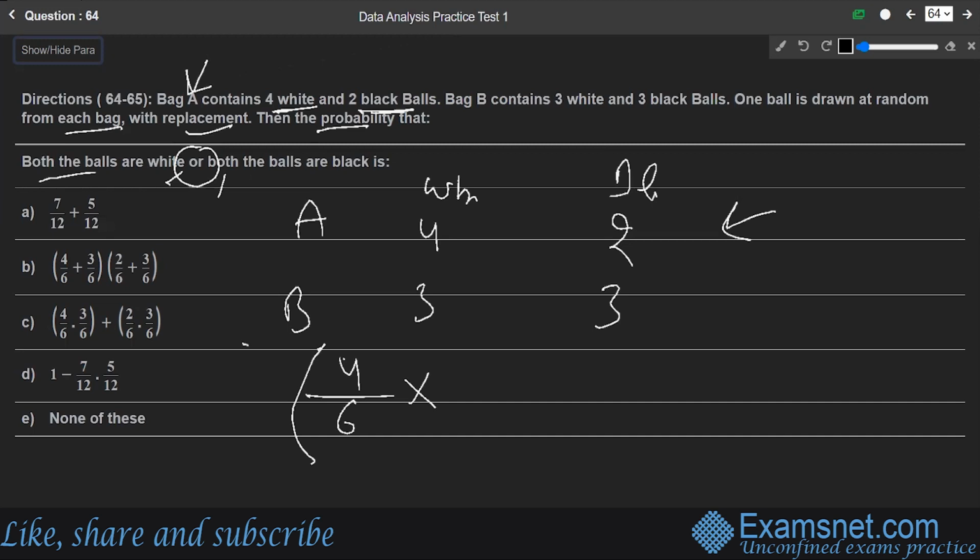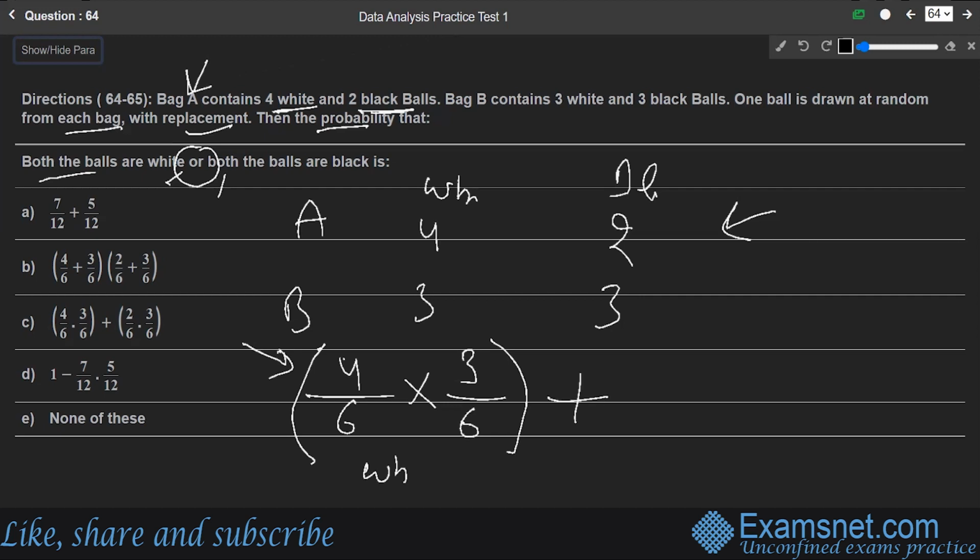If the first bag brings a white ball, and definitely the second bag should also bring a white ball, then there is a definite sign. For a definite sign, we use an and operator or a multiply sign. So 4 by 6 into bag B should also give a white ball. Bag B contains 3 white balls, so the favorable outcomes are 3 divided by the total number of balls in bag B, 3 plus 3 is 6. This is the case when both the white balls are picked up.